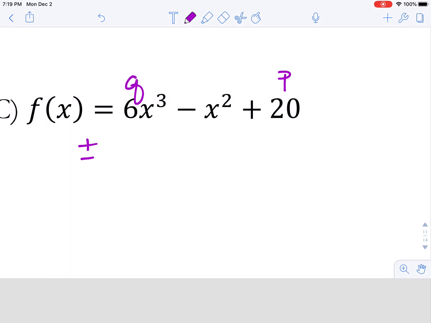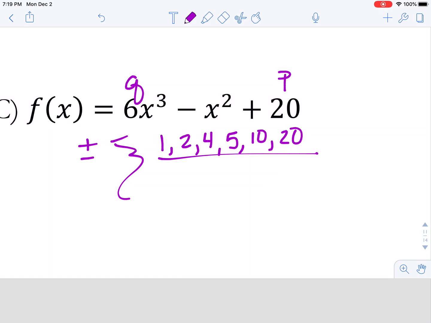I'm going to look at, we have factors of 20: 1, 2, 4, 5, 10, and 20. Factors of 6 would be 1, 2, 3, and 6. Now, I would like you to pause the video and see if you could write out all of the possible factors.